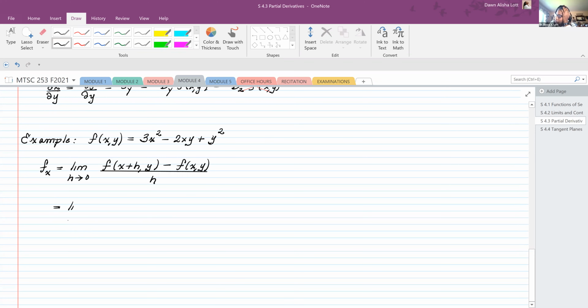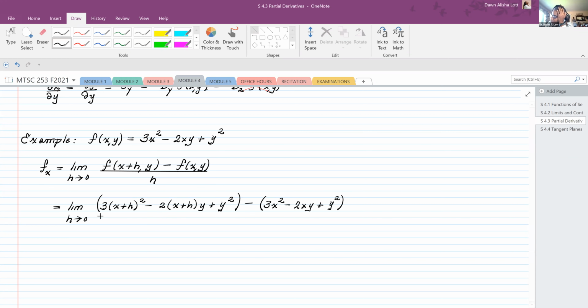So I'm going to get 3 times (x plus h) squared minus 2 times (x plus h) times y plus y squared. I'm going to subtract off 3x squared minus 2xy plus y squared and divide this whole thing by h. It's going to work out beautifully, just the way it's supposed to.